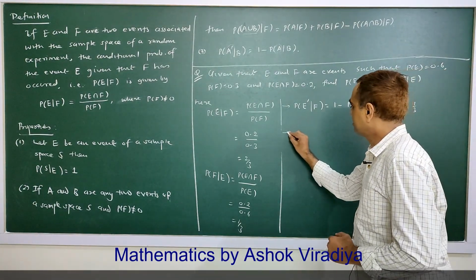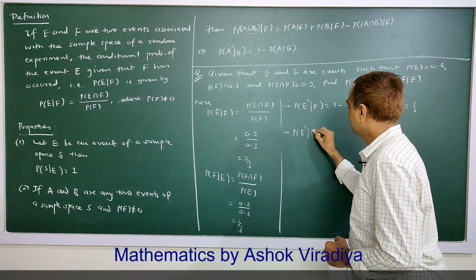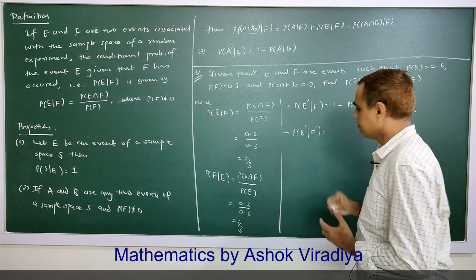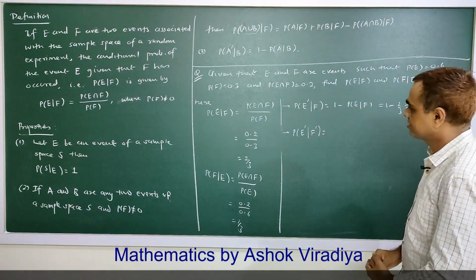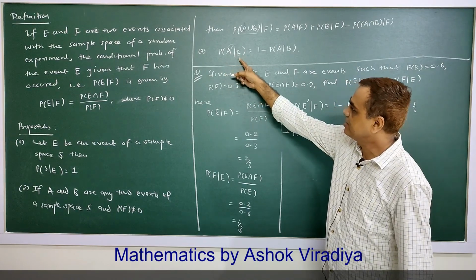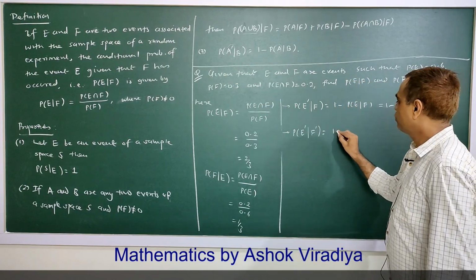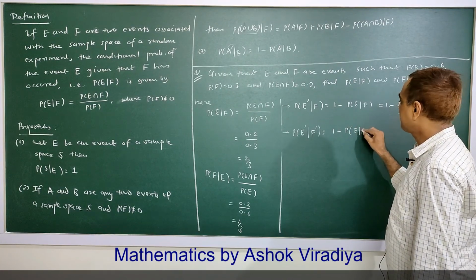Suppose we want the probability of E dash given F dash. By this property, the probability of E dash given F dash is 1 minus P of E given F dash.